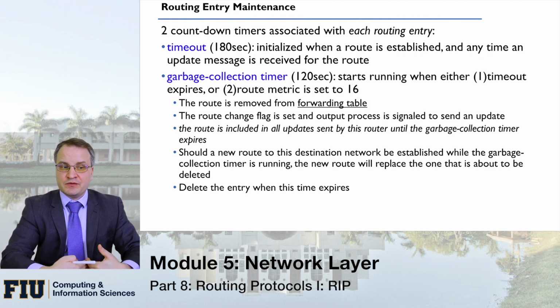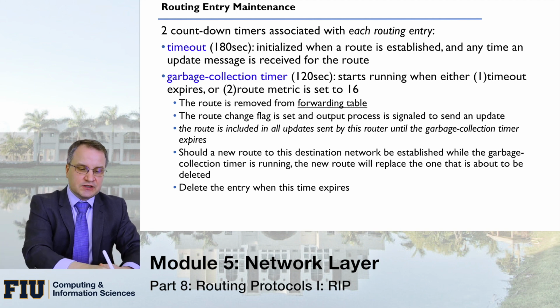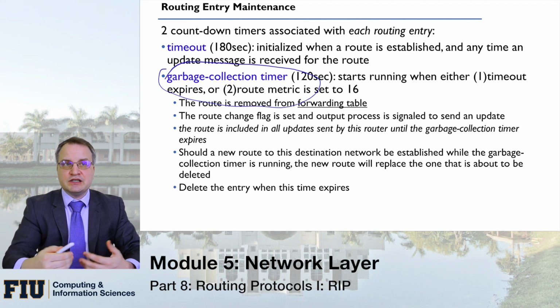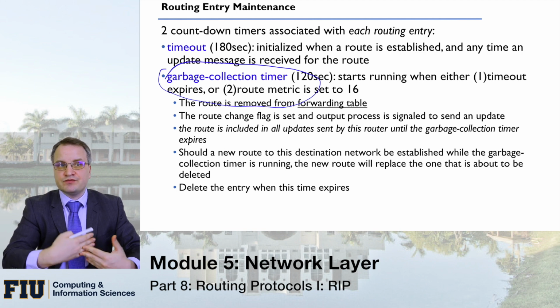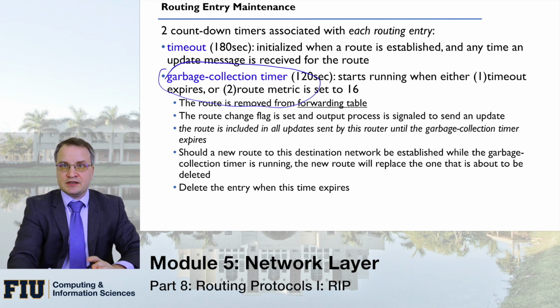Because if you remove them from your own state, then there's nothing to advertise because you don't have knowledge. But if you keep them, then you'll be able to say 16, I cannot reach that destination. This is what the garbage timer is trying to achieve. So for the next 120 seconds, if you still didn't receive any update from A, you will keep this poison reverse, and after 120 seconds, you simply remove that information and assume everybody got those updates.